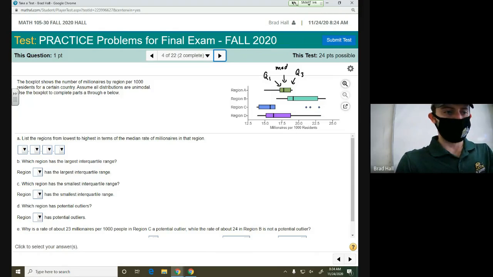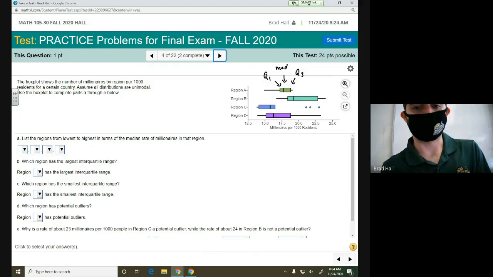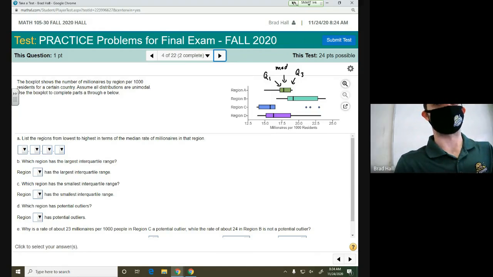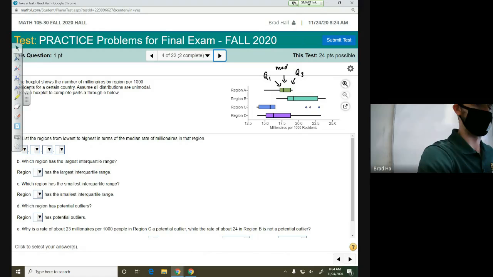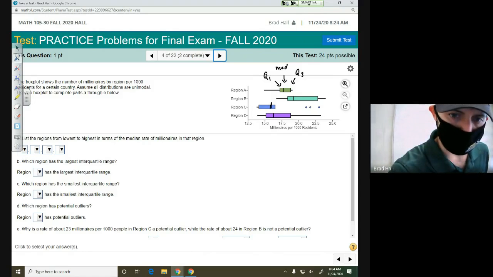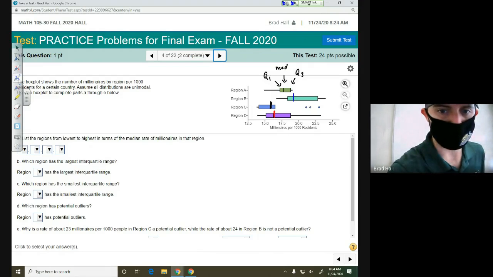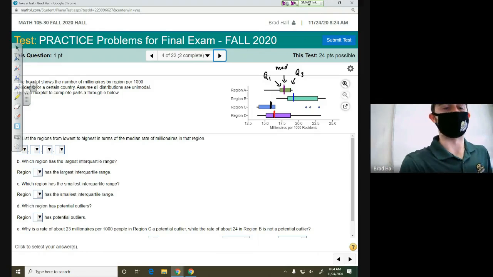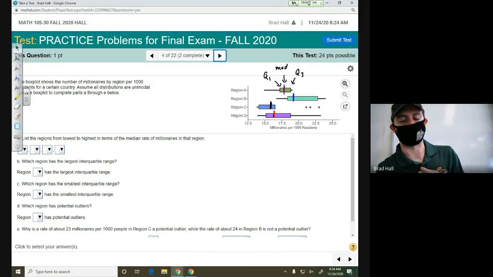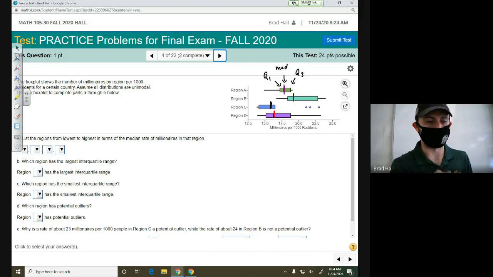The regions from lowest to highest in terms of the median rate, they're wanting us to rank these based off of where the median lines are. It's the dash in each one of these. That's how you read a box plot. That's the median. It's that line in the box.